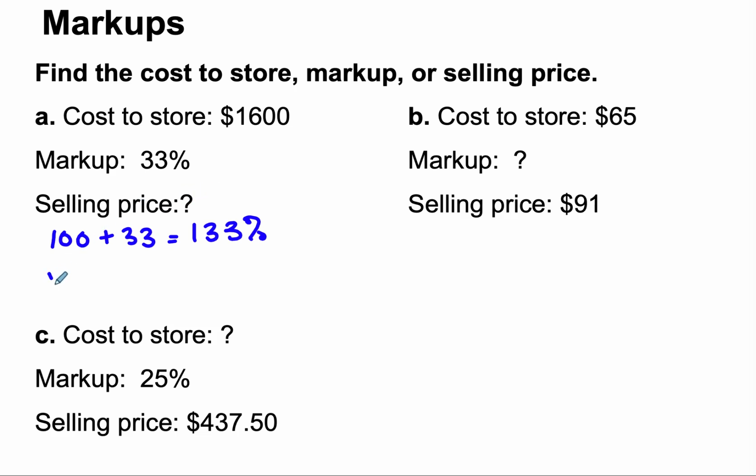My part, which I don't know, equals my percent as a decimal, 1.33, times my whole, which is our original. So when we do 1.33 times 1,600, I get a selling price of $2,128.